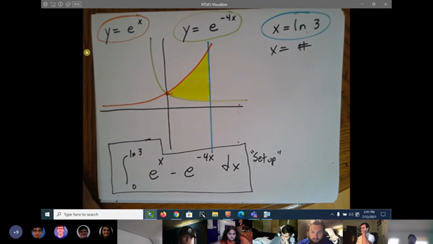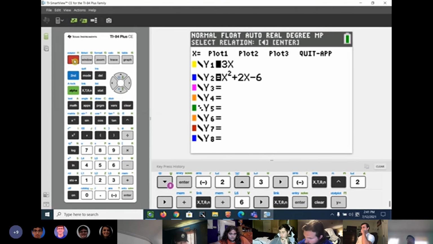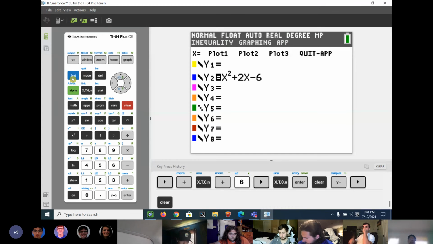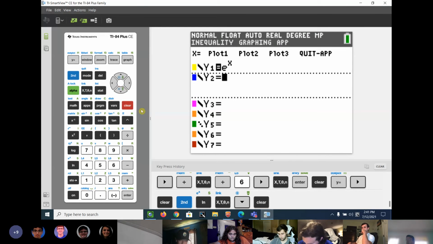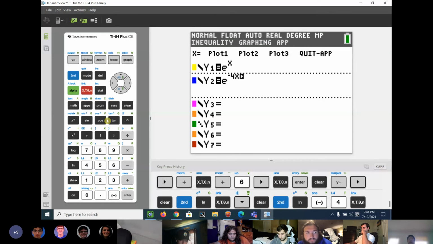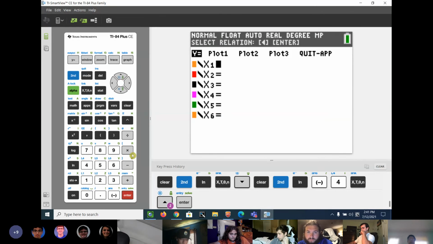Now let's graph it on the calculator. Y is equal to, clear, e to the x, second, natural log, x power, clear, second, e to the negative 4x, and then go up to x is equal, and hit natural log of 3.